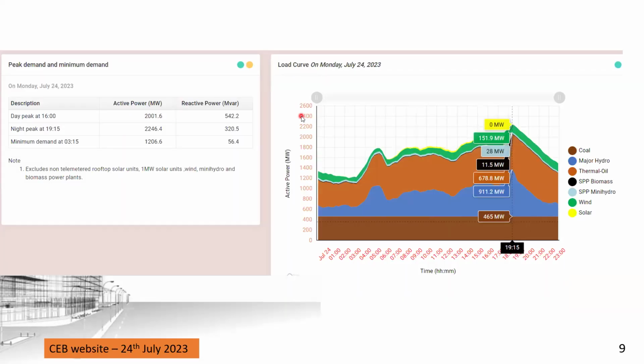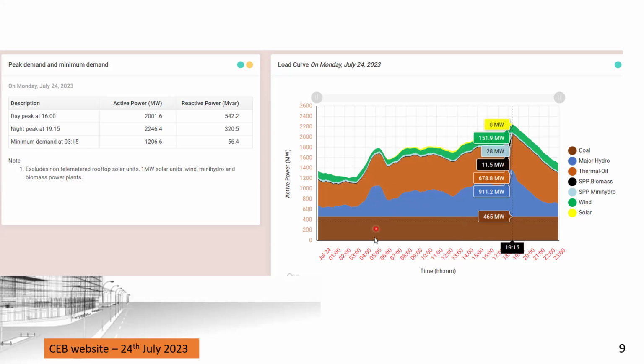Not only that, the Ministry of Energy publishes the daily consumption information. For example, you can see, hourly, how much energy we are using. You can see some plants they try to keep at a constant level, for example coal and thermal oil, but hydro varies.